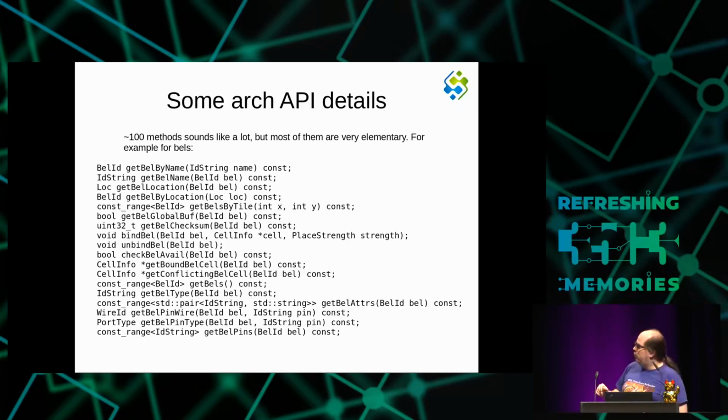Because there is no get bel info function, for example, that would give us all the information about a bel. Instead, for each attribute that you might be interested in, there is a different getter method. And because of that, we have a lot of methods that you need to implement, but each of them is relatively simple and small.